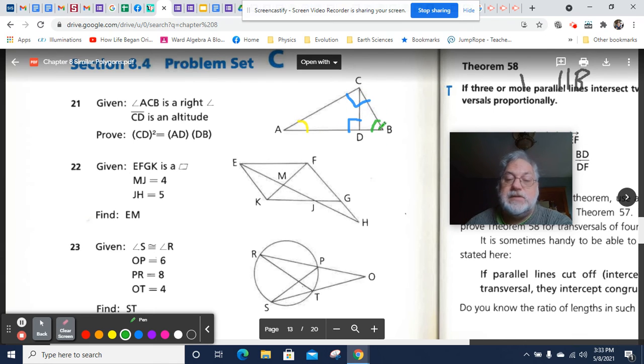If this triangle has a right angle, then this angle has to be complementary to this as well, which means it's congruent to angle B. And this angle is complementary to B because it's a right triangle, so we can go ahead and label this angle here like that.